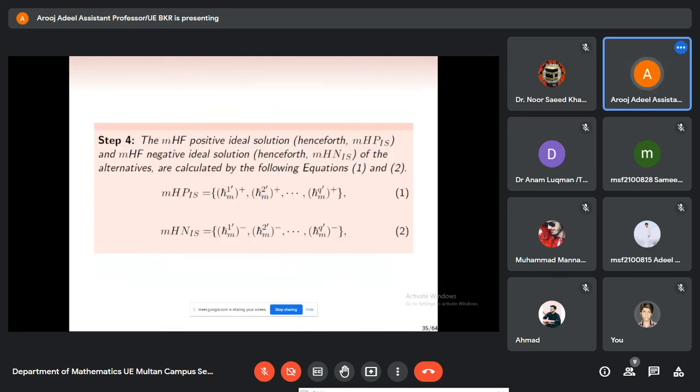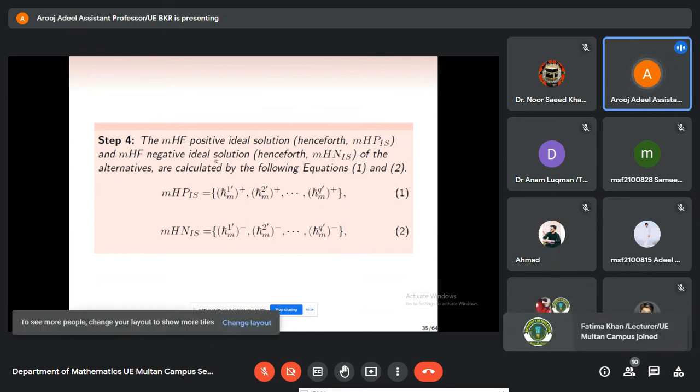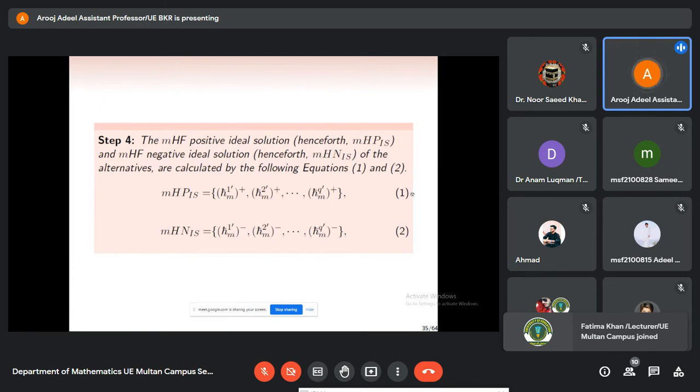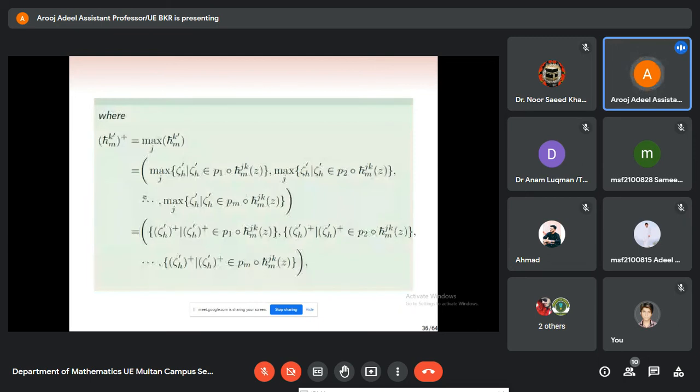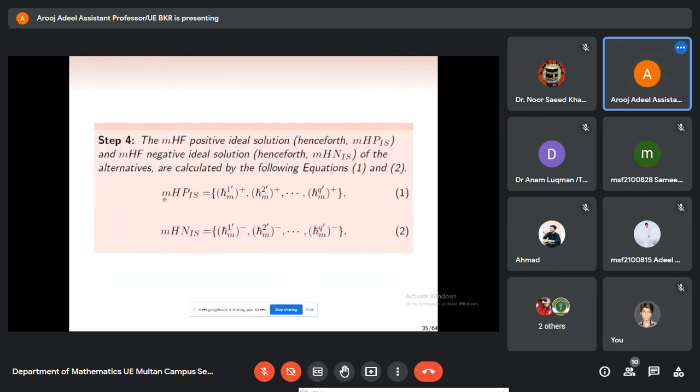In the fourth step of our proposed technique, M-polar hesitant fuzzy positive ideal solutions and M-polar hesitant fuzzy negative ideal solutions of the alternatives are calculated, which are given in equations 1 and 2. In the M-polar hesitant fuzzy positive ideal solution, these positive values have the formulation given in this slide: the maximum value of the sets given in the M-tuple we call the M-polar hesitant fuzzy positive ideal solution.